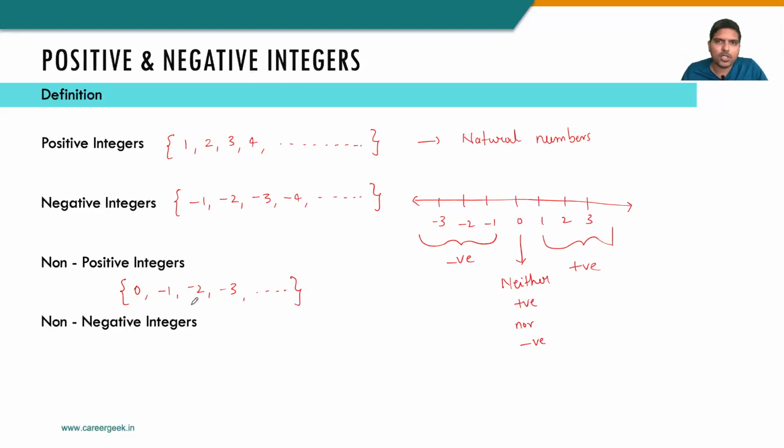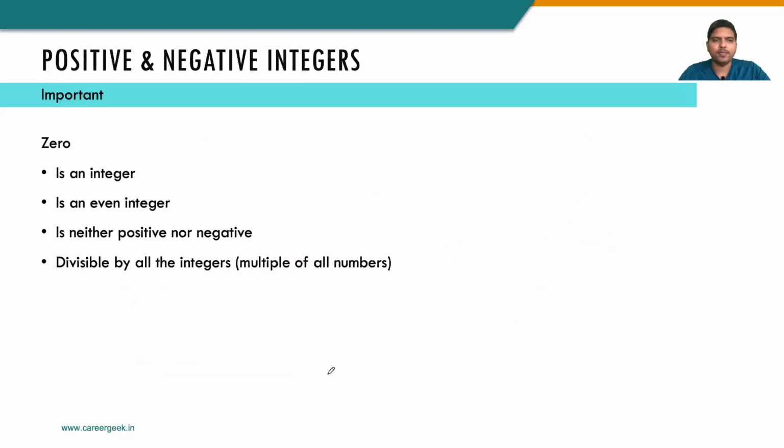When they say non-positive, remove the positive. You have 0 and negative. Similarly, if they say non-negative, you have something which is not negative, that is 0 and positive. Okay, so these kinds of differences are important to note.